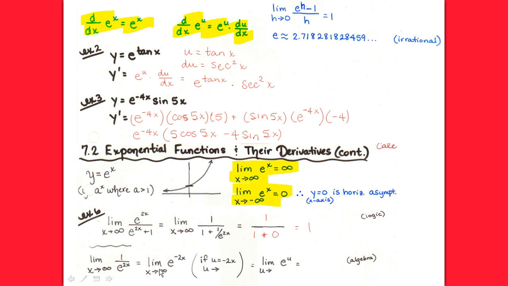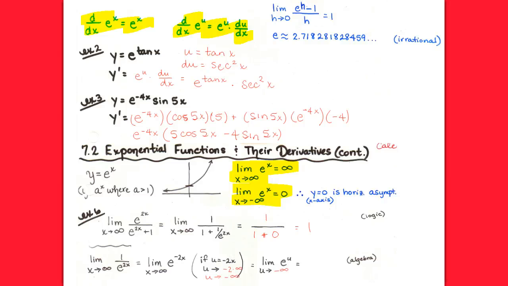If u is equal to negative 2x, as x is approaching infinity, I need to figure out what u is approaching. If I put infinity right here, what is negative 2 times something getting larger without bound? Negative infinity, something getting larger without bound, but going in a negative direction.